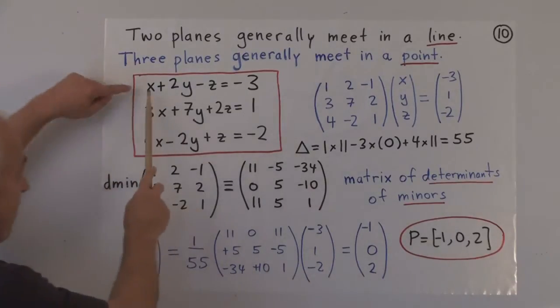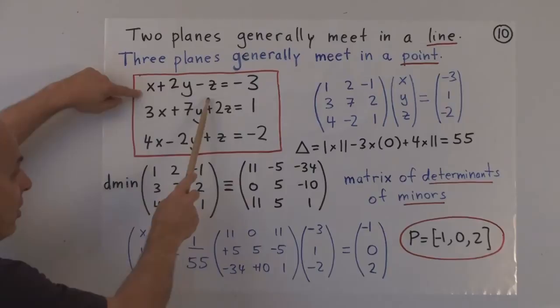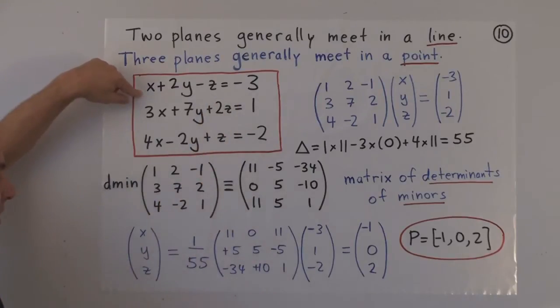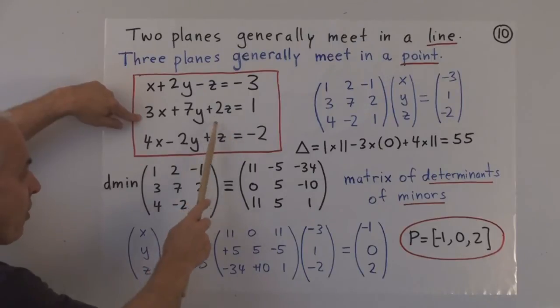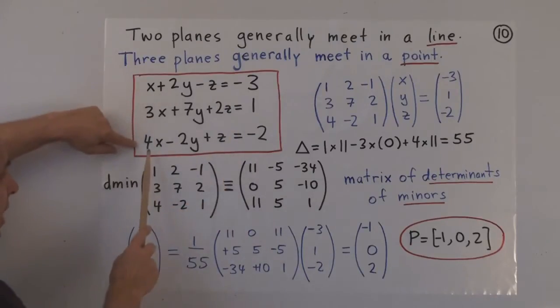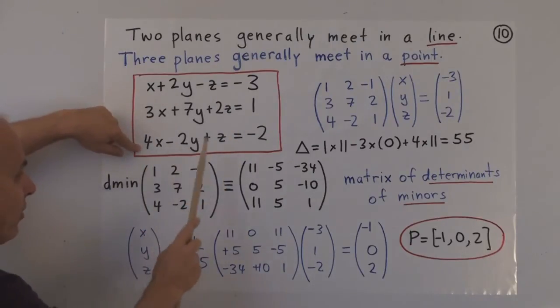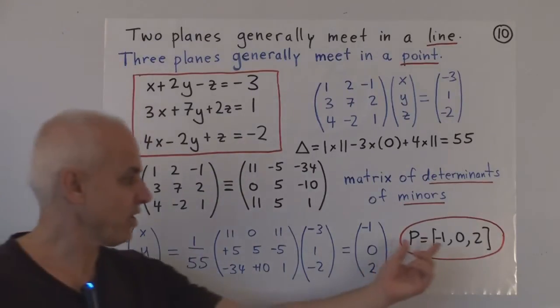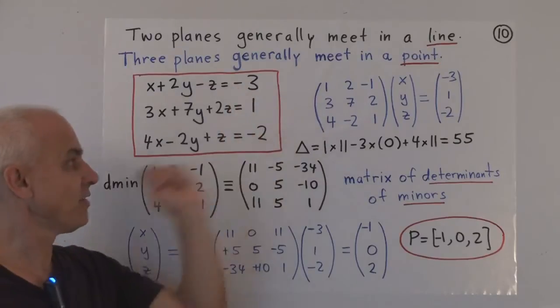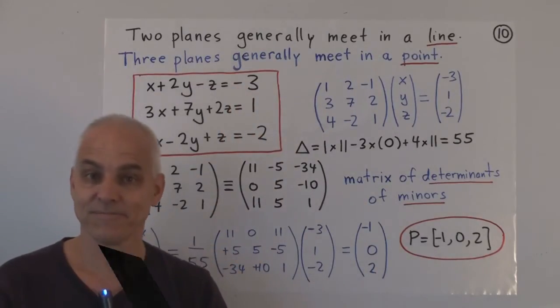For example, -1 plus 0 minus 2 is indeed -3. And -3 plus 0 plus 4 is indeed 1. And -4 plus 0 plus 2 is indeed -2. So this really is the common point of those three planes.